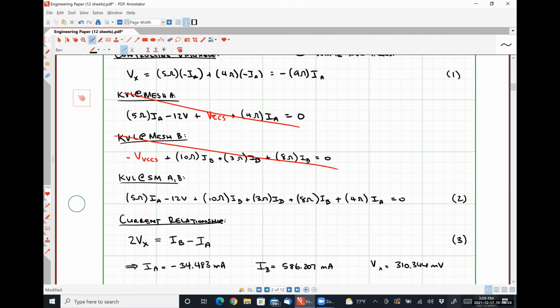And so there will be a constant term of 0. Does that make sense? There's likely a similar issue with your third equation as well. So for me, that one looks like -1 IA plus 1 IB minus 2 Vx is equal to 0.